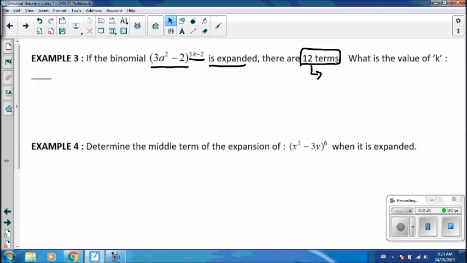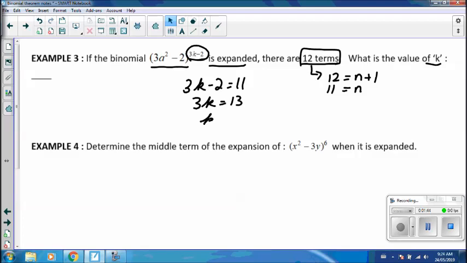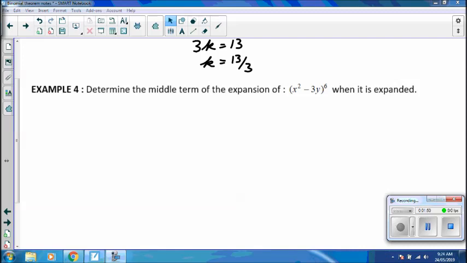The number of terms is equal to n plus 1. So that tells me that n is 11. So I know that this is actually 11. So what's the value of k up there? Well, 3k minus 2 is 11. 3k is 13. So k is really 13 on 3. And that's our value.